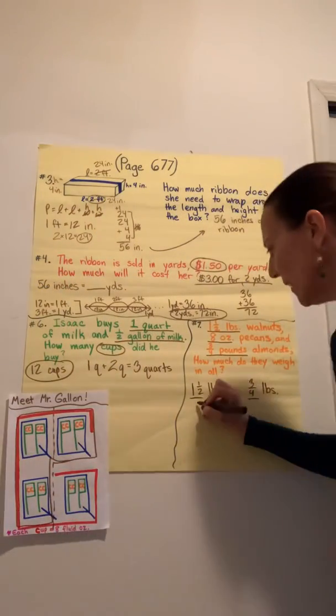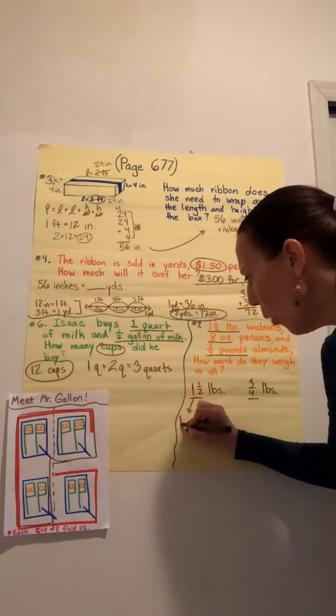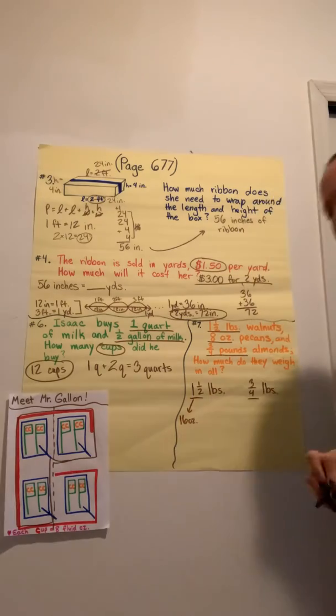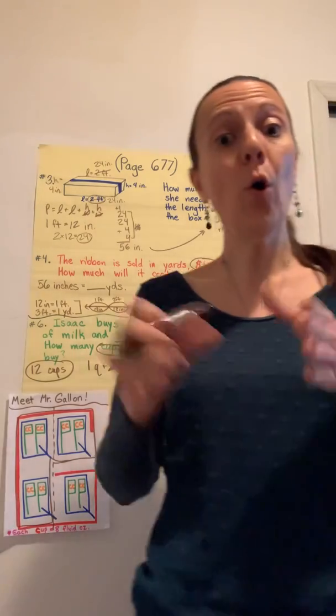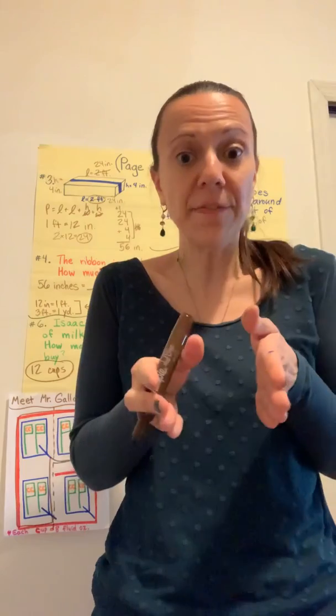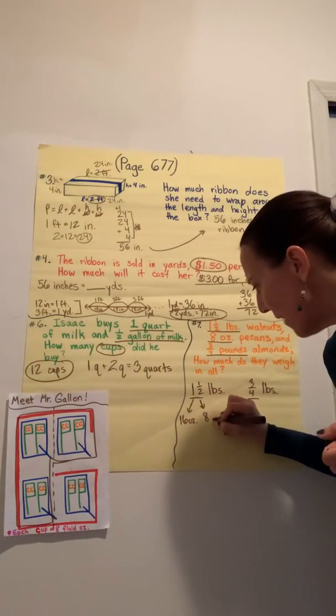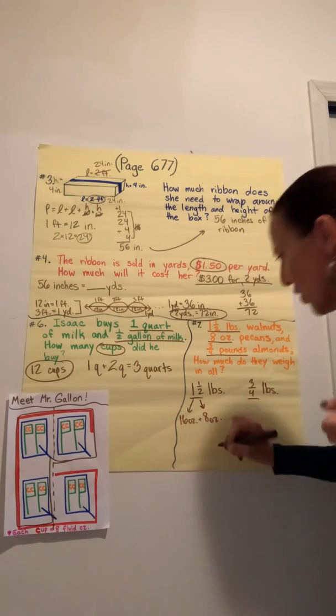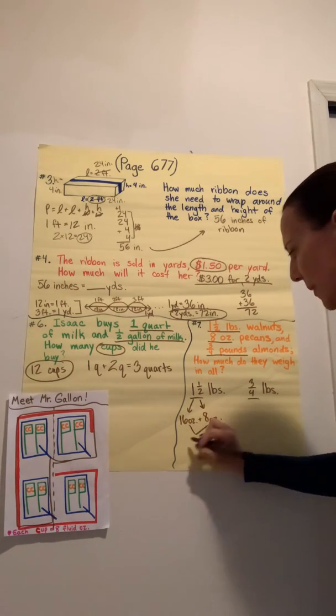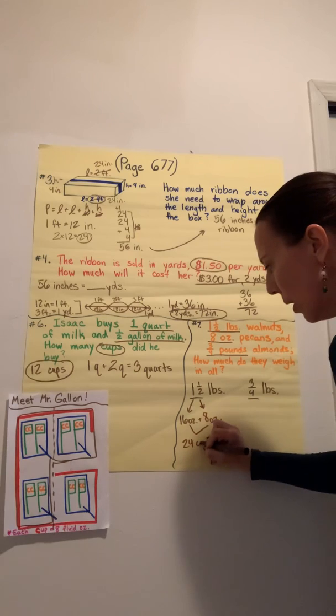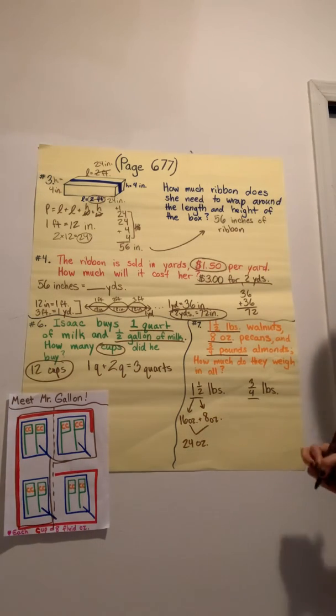So if I have 1.5 pounds, that 1 pound is going to be 16 ounces. Well, if a whole pound is 16 ounces, half of a pound would be 8 ounces because 8 is half of 16. So altogether, my 1.5 pounds would be 16 plus 8 more, which would be 24 ounces.